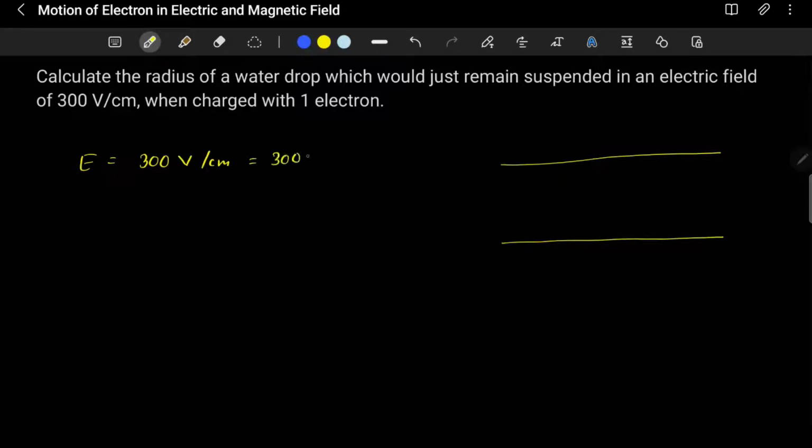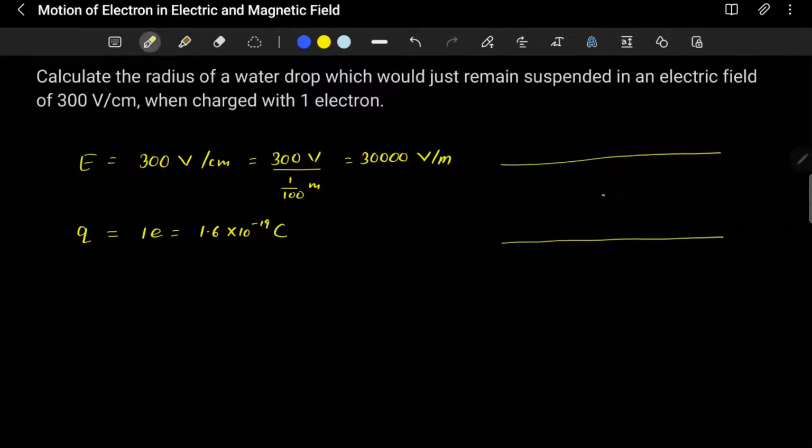This is equal to 300 volt by 1 by 100 meter, that is 30000 volt per meter. And the charge on the water drop is equal to 1 electron, that means 1 e, that is 1.6 into 10 power minus 19 coulomb.